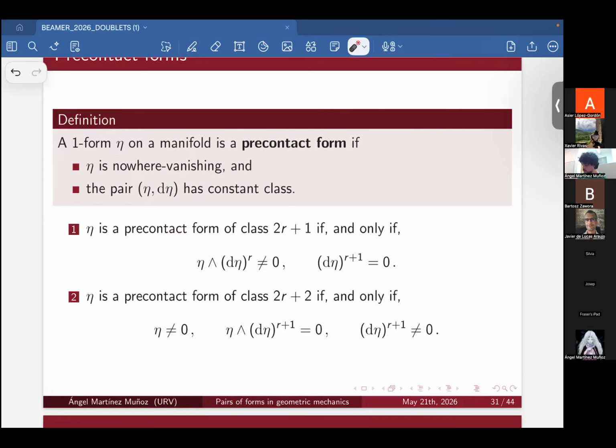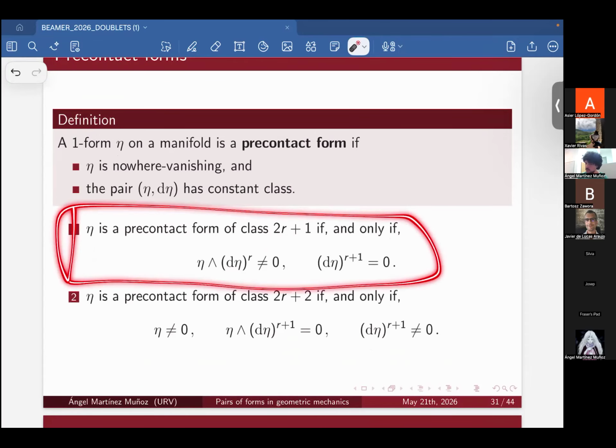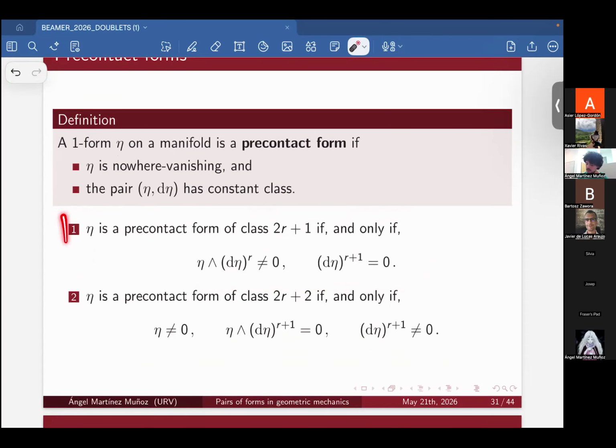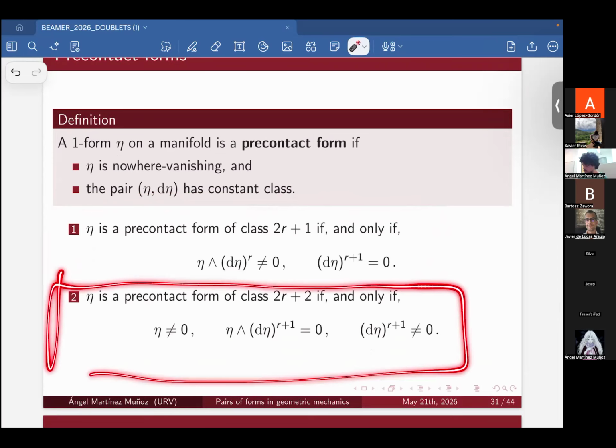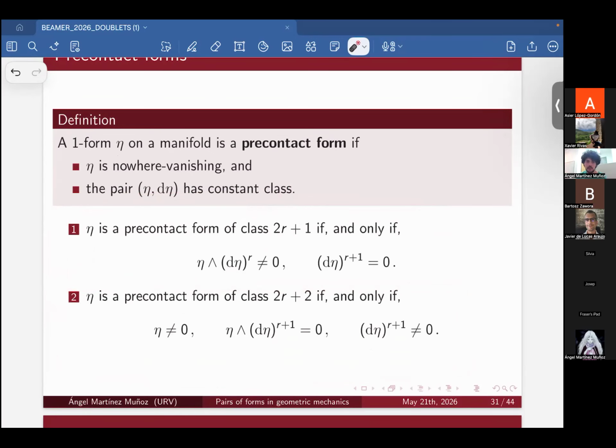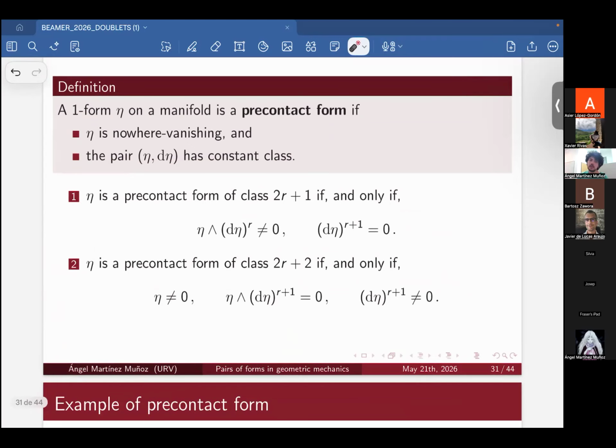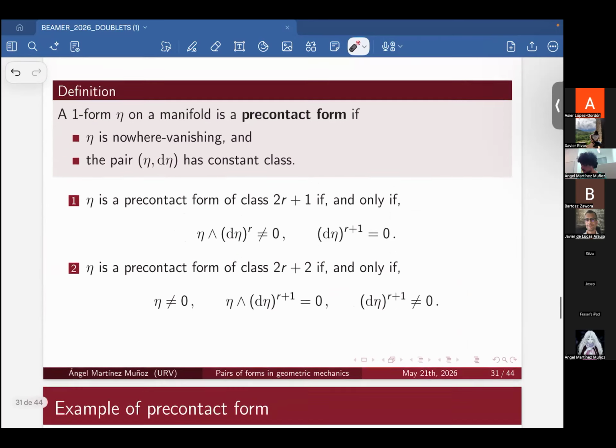Before, in the literature, they just considered the odd case, right? So there are works done just considering this case here, but the new thing would be, okay, let's also consider the even case because it's interesting and we can deal with it just fine, right?